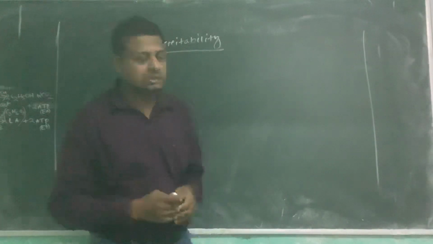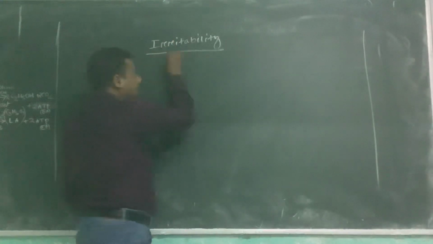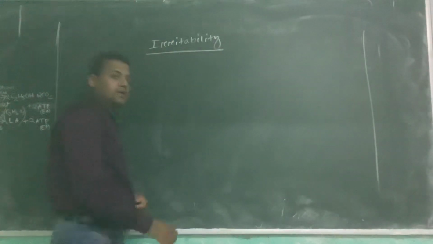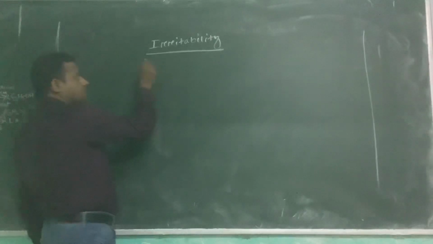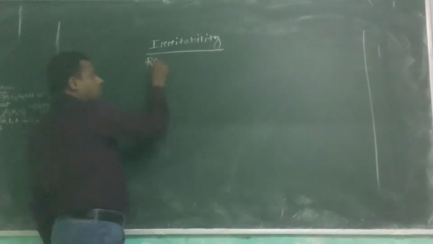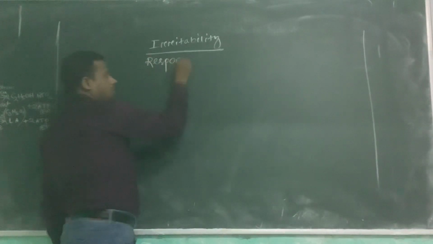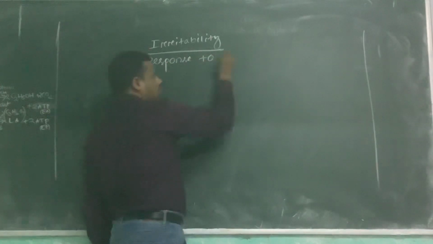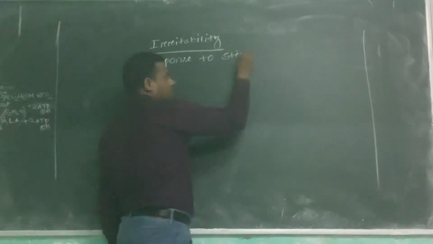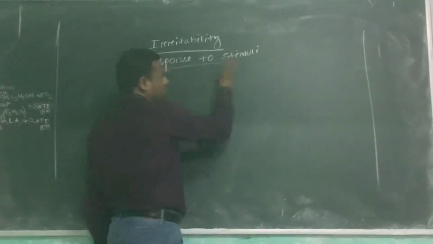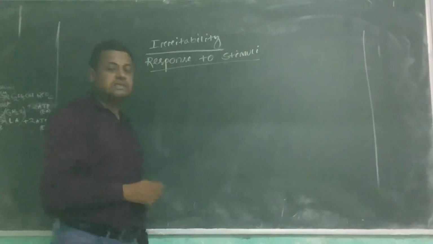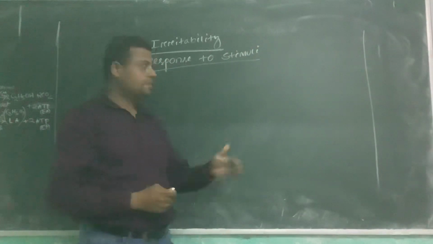The next characteristic is irritability. Simply, it is response to stimuli. Response to stimuli is called irritability.